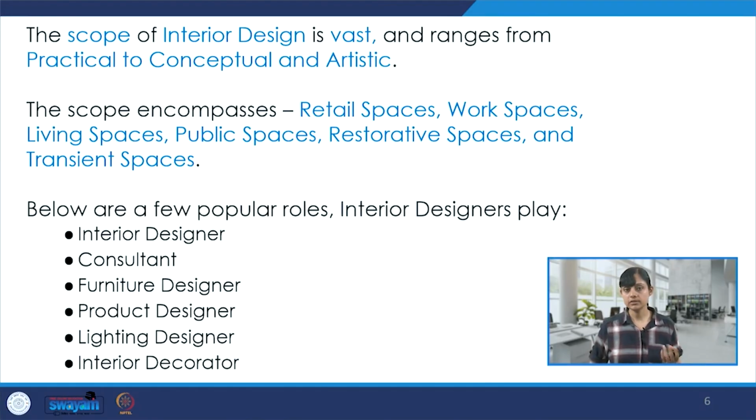The scope of interior design, as we discussed, is quite vast. It ranges from practical to conceptual and artistic. And there are different kinds of spaces that we came across: retail spaces, workspaces, living spaces, public spaces, restorative spaces, and transient spaces, to name a few.